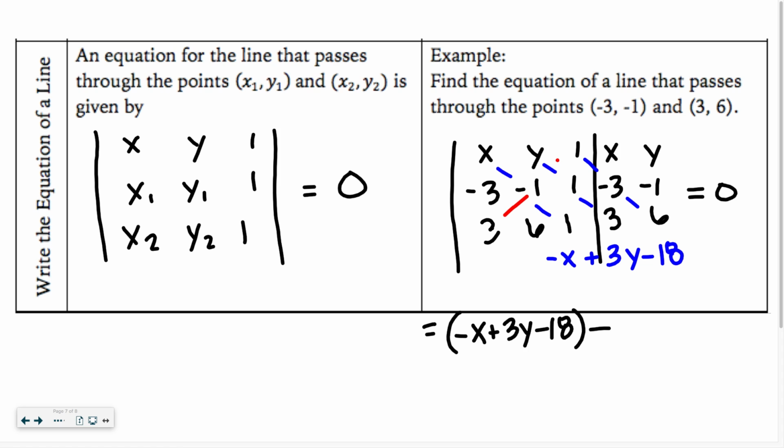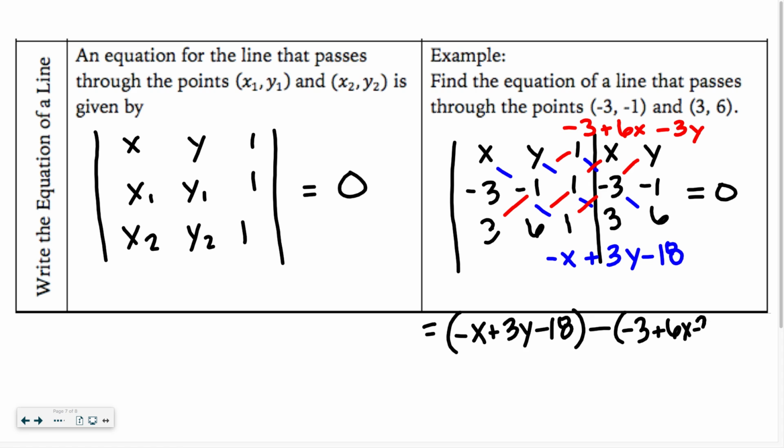3 times negative 1 times 1 is negative 3. 6 times 1 times x is 6x. And 1 times negative 3 times y is negative 3y. So I'm subtracting all of those.